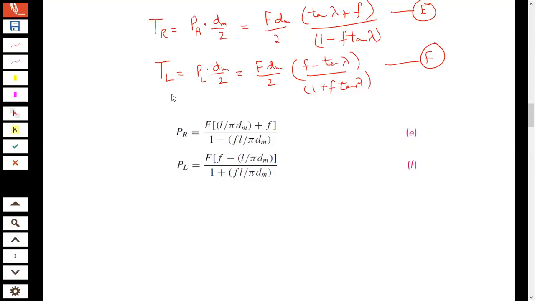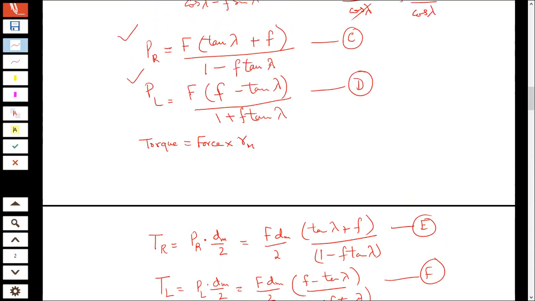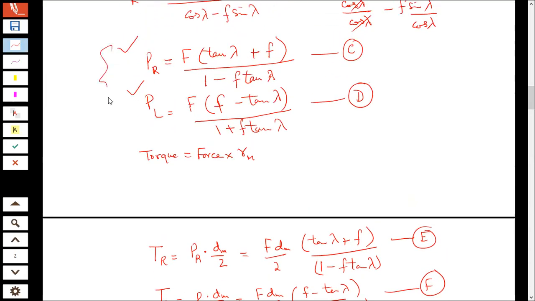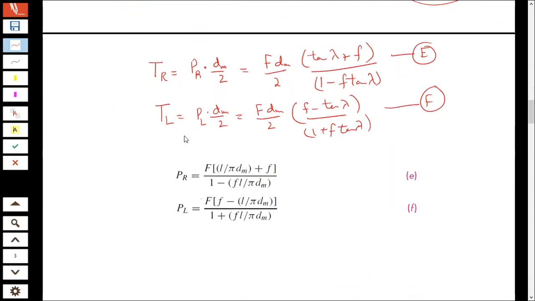We can also write the above two equations in this form. Since we know that tangent of lambda is equal to L over pi dm, we can write these two equations by putting L over pi dm instead of tangent of lambda.